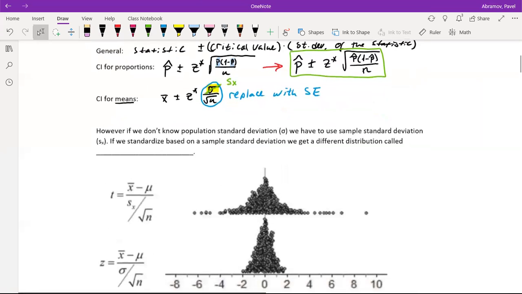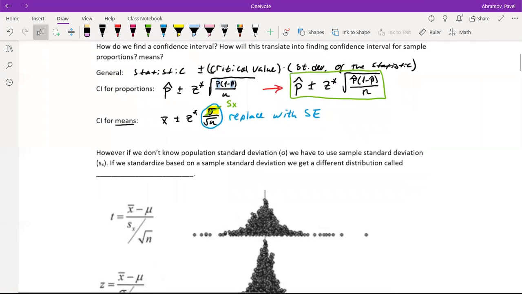So let's talk about the t distribution, and then eventually we'll derive the actual formula for finding the confidence interval for the means.